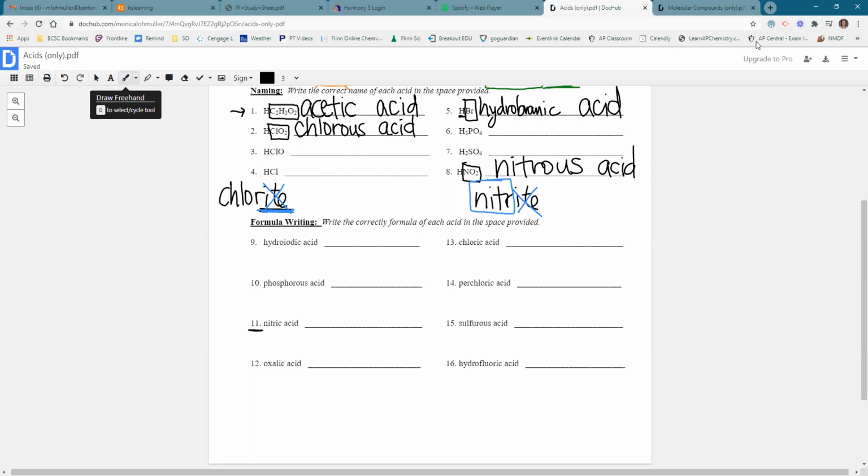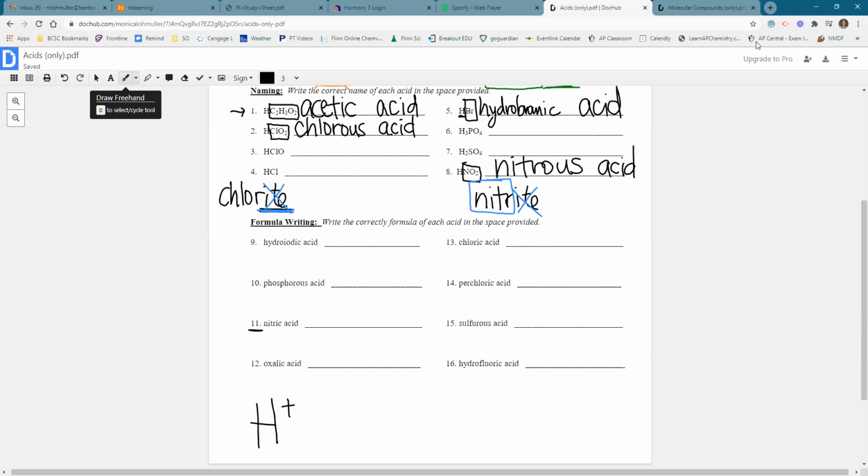So we kind of saw up in the naming part, every acid starts with an H. So this is following the same thing that we did last week, where we have to look up everybody's charges and make sure that charges add to 0. So everything is going to start out with an H+1 as its cation, and then the name will tell us what that anion is. Okay, so for number 11, we're dealing with nitric acid.